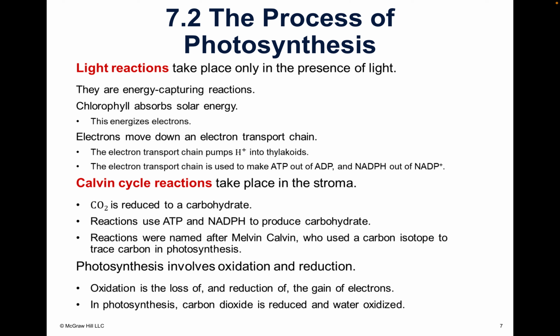The electron transport chain pumps hydrogen ions, all that means, the H with the plus means hydrogen ion, into these thylakoids that are in the chloroplast. The electron transport chain then uses this to make ATP out of ADP, and then something called NADPH and NAD+.